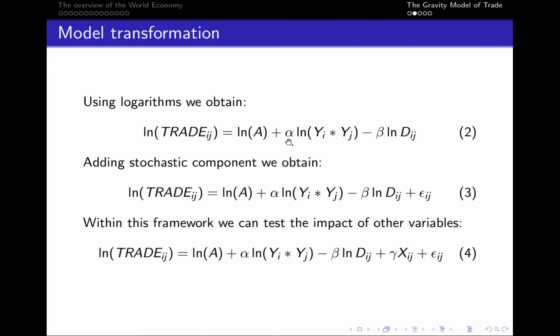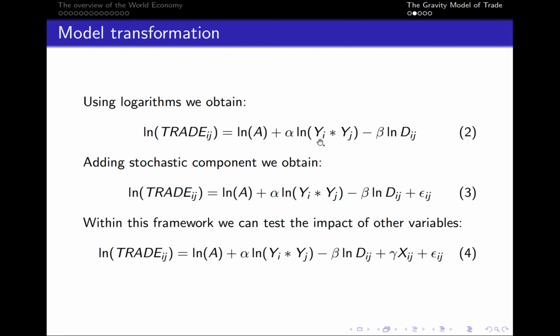But what we learned during dynamic economic analysis is that the derivative of logarithms is equal to elasticities. So this gives us a beautiful and very clean interpretation of this model. Alpha is the partial derivative with respect to ln GDP product, and beta with respect to ln distance. So alpha measures elasticity.